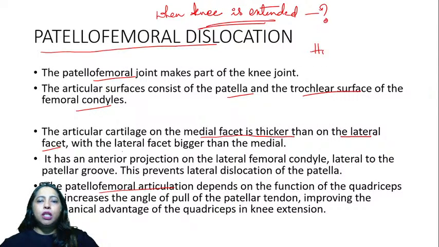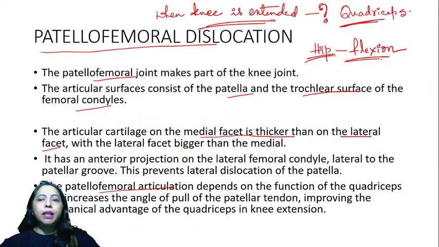So if the knee is doing extension, the hip would be doing flexion. The same group of muscles will be doing the flexion. So here the knee is extended by the quadriceps.